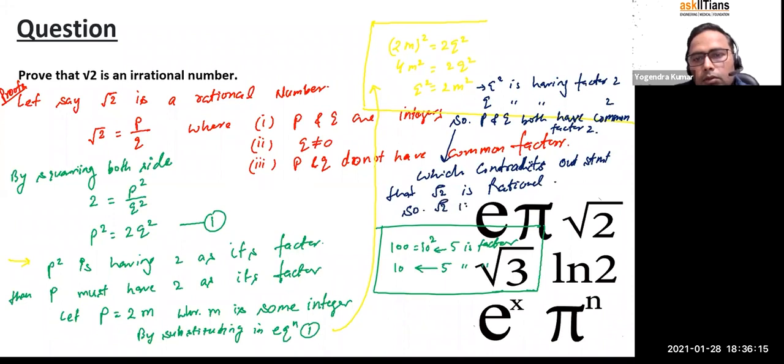So root 2 is an irrational number. That's all. This is how we can conclude.